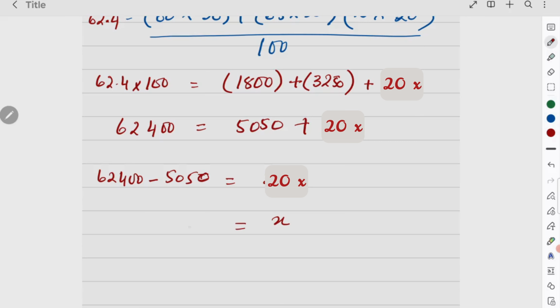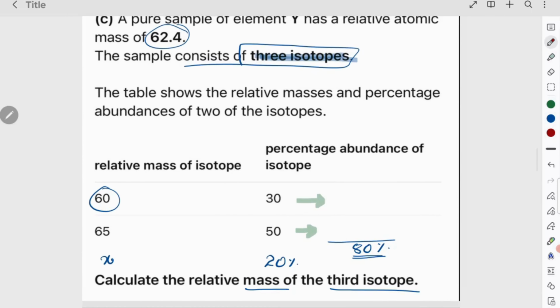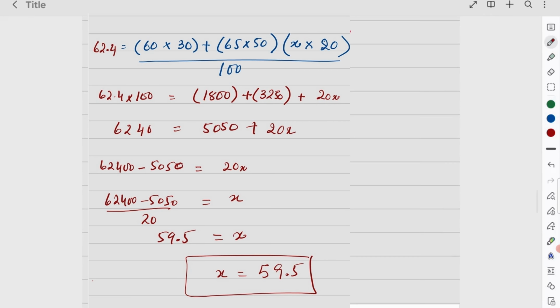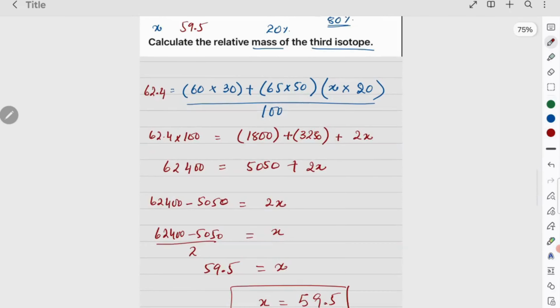So x will be, if we divide this value, 62400 minus 5050 divided by 20, the value of x will be 59.5. They are not asking about any significant figure. So the value of x is about 59.5. The atomic mass for the third isotope is 59.5. So this is the way through which we will do this question.